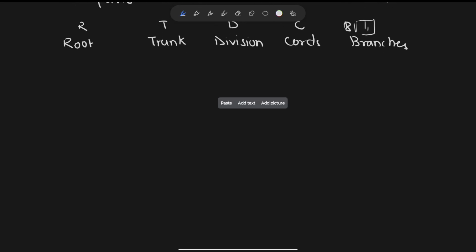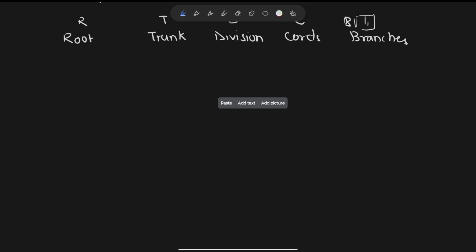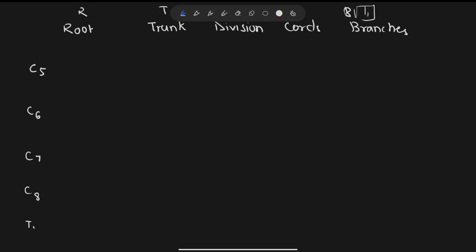From root we have said C5, C6, C7, C8 and T1. Okay, so C5 and C6 will merge and give one trunk.